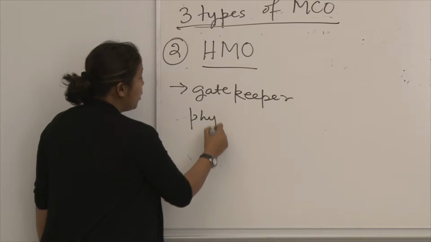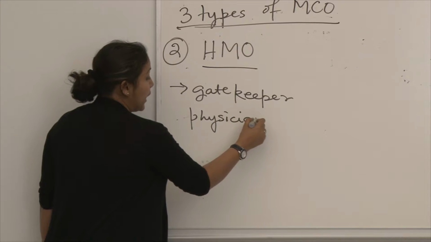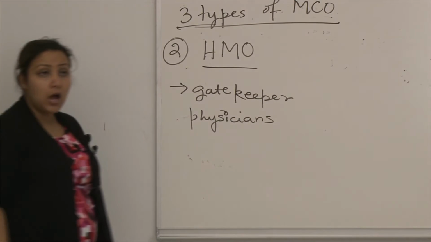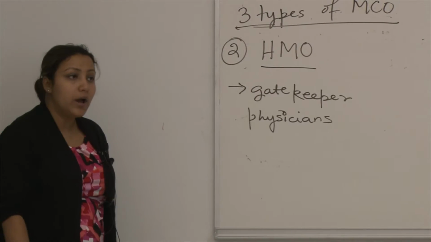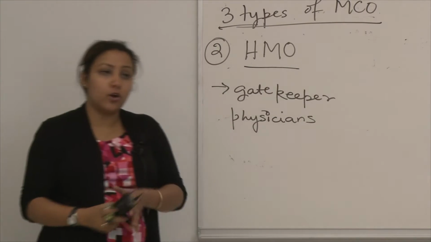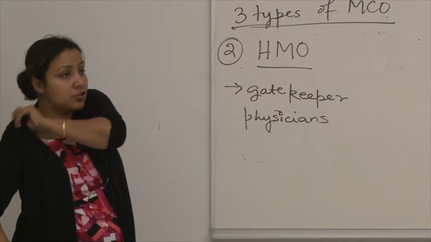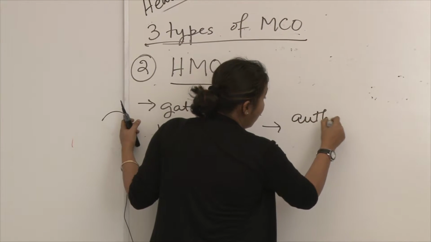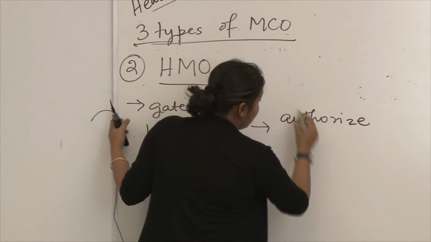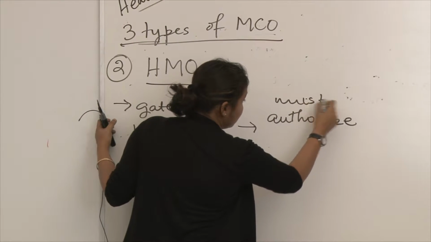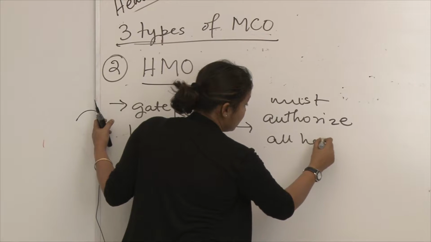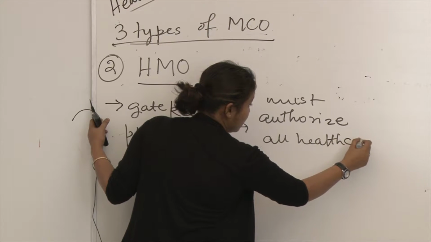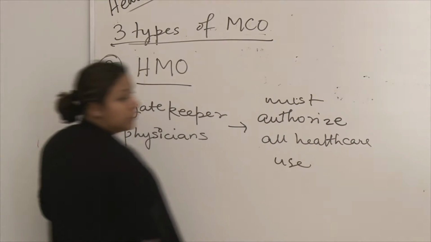So in case of PPO, there was no role of gatekeeper physicians, but now within the organization, you have some physicians who are primary care doctors and they are gatekeeper physicians, and these gatekeeper physicians must authorize all healthcare use or treatment for the patient.